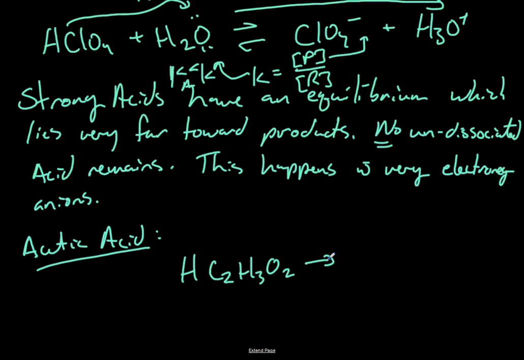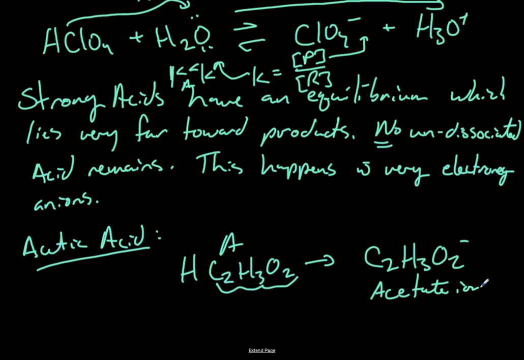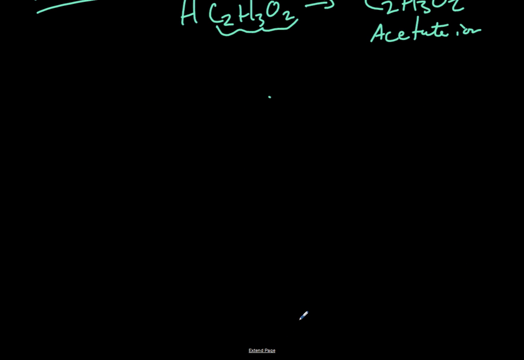And what would its conjugate base be? Good, which is called what ion? I just said it. Yeah, so there's its conjugate base. I don't know why it has that name.